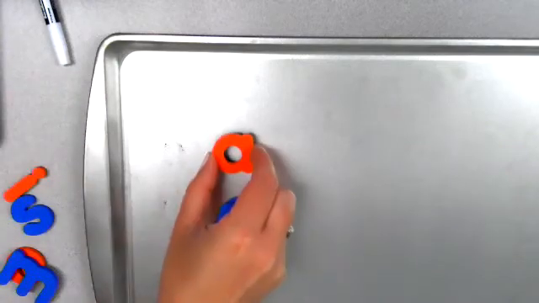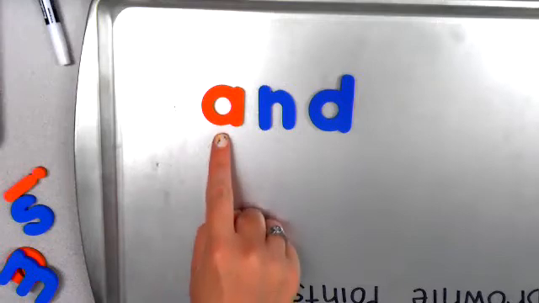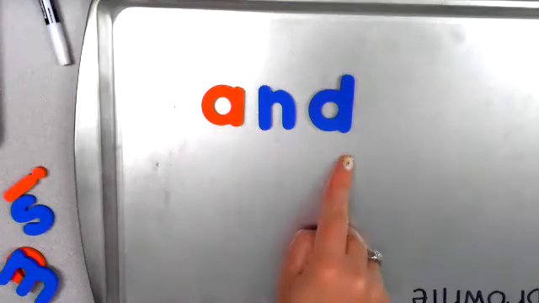A, and. A comes first. What letter do you need next? That's right, N. And our last letter is D. And.